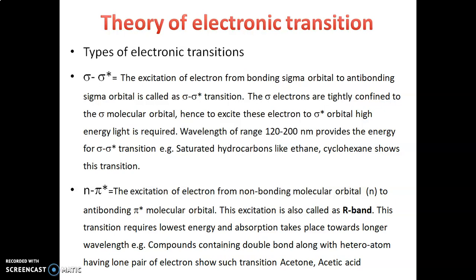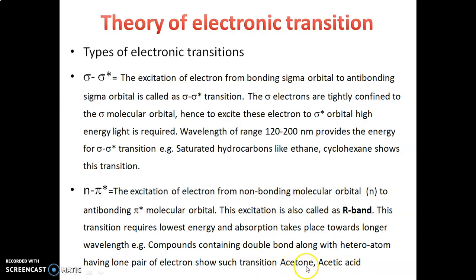Now, what would be the example in this case? The compounds consisting of heteroatoms along with the olefinic bond. Again, I will repeat, the compound consisting of heteroatom along with the olefinic bond. Such molecules will have the ability to carry out the n to pi star transition.